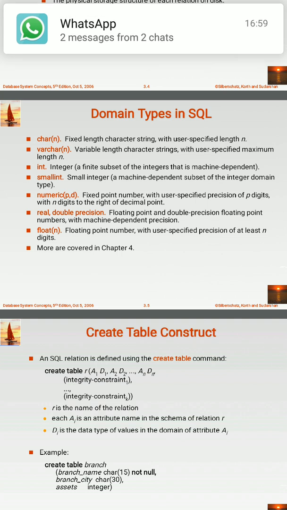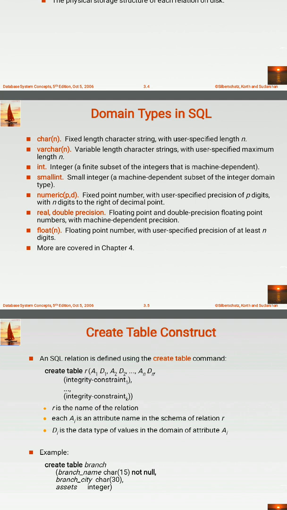The next domain is real and double precision: floating point and double precision floating point numbers with machine dependent precision. The next domain is float(n), a floating point number with user specified precision of at least n digits.